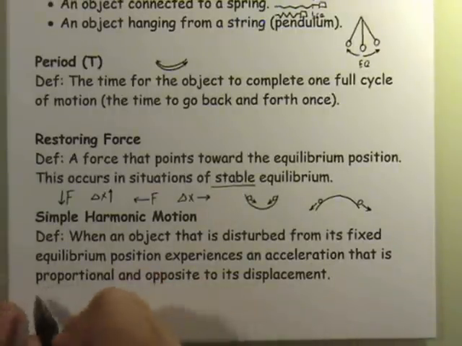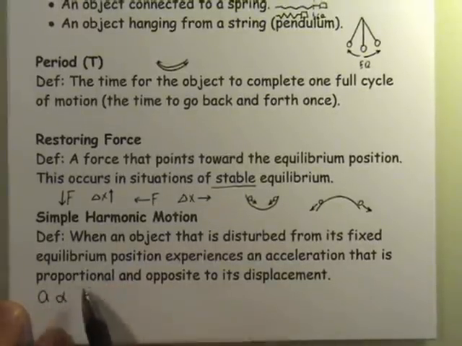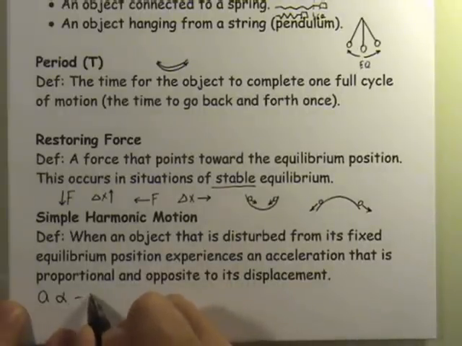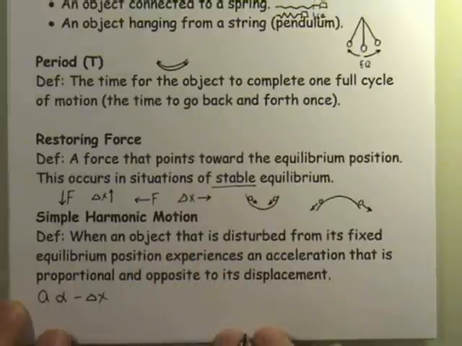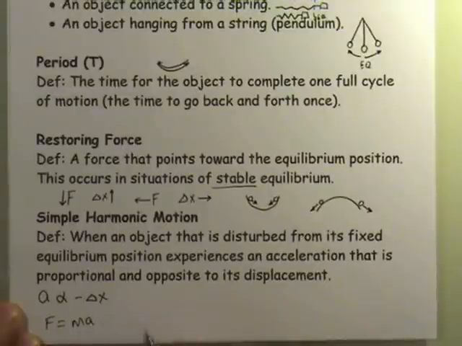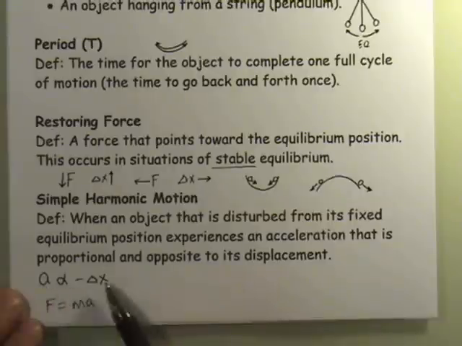So if you're thinking about that in terms of an equation, that is A is proportional to, not equal to, minus delta x. And obviously, since we know that F equals ma, the reason why the A is proportional to delta x is because F and A are also proportional to each other.